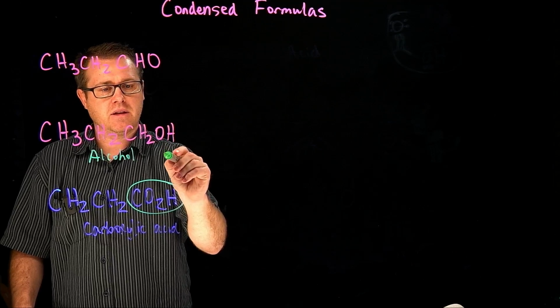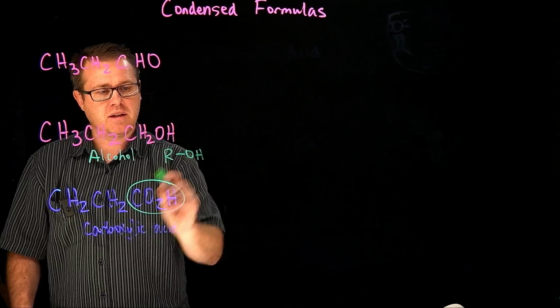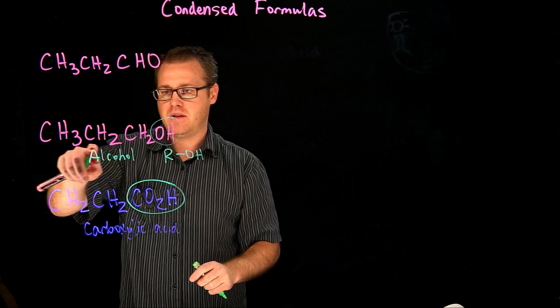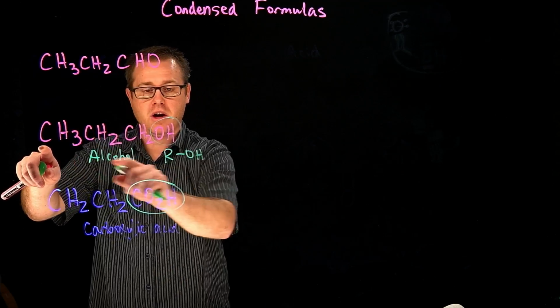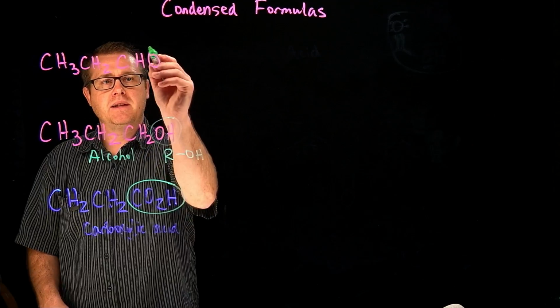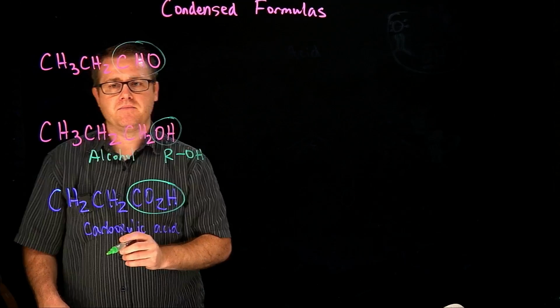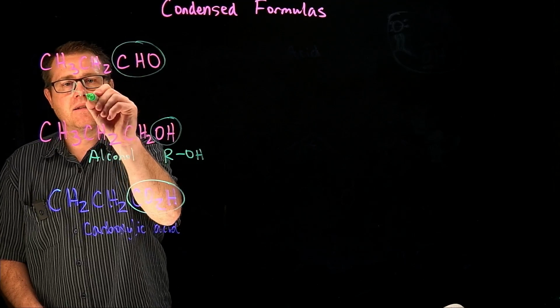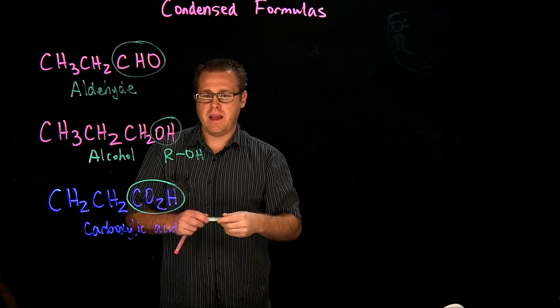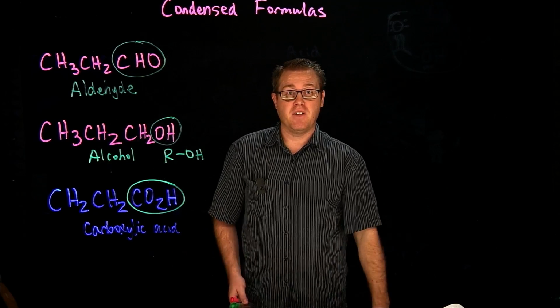And alcohols look like this, right? Generic structures like that. So there's the alcohol. And then all of this, the 1, 2, 3 carbons, is the R. And then this piece right here, that is an aldehyde. Different ways to represent different functional groups.